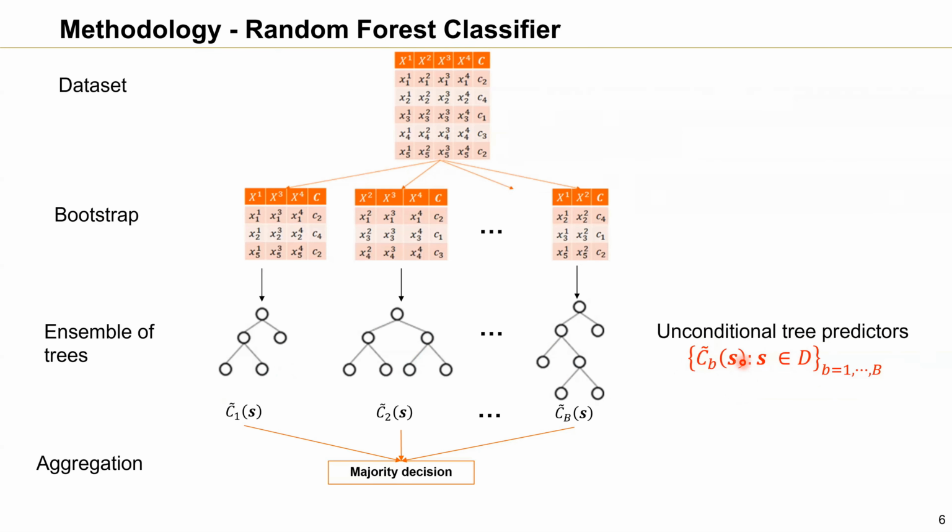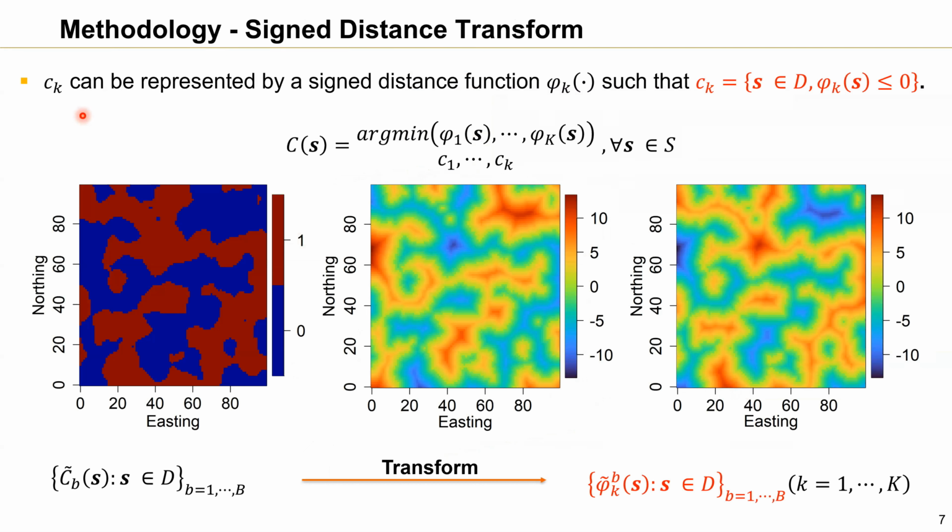So as a next step, we will first transform these unconditional tree predictors, which are categorical, into continuous quantities using the signed distance. If you have a category, ck, we can represent this category using a signed distance function, pk, defined like this. So what does that mean?